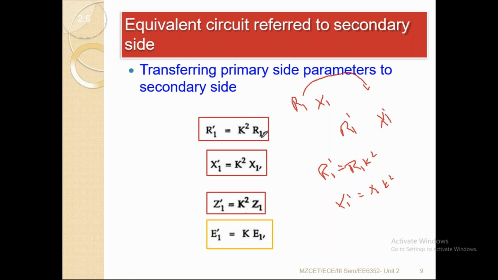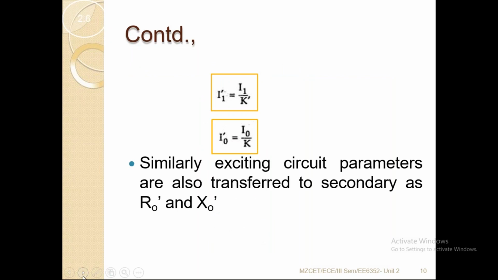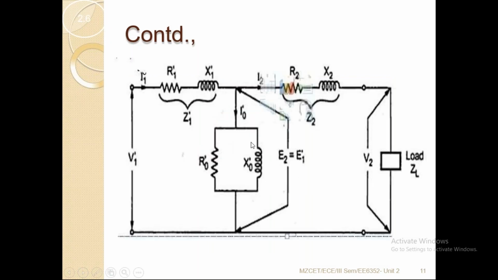Now we will see the equivalent circuit when transferring the primary circuit parameters into the secondary circuit. This is the circuit representing the primary shifted to the secondary: R1 dash, X1 dash, R2, X2.